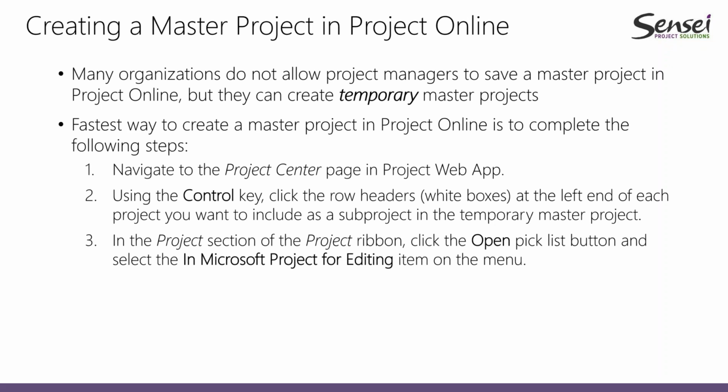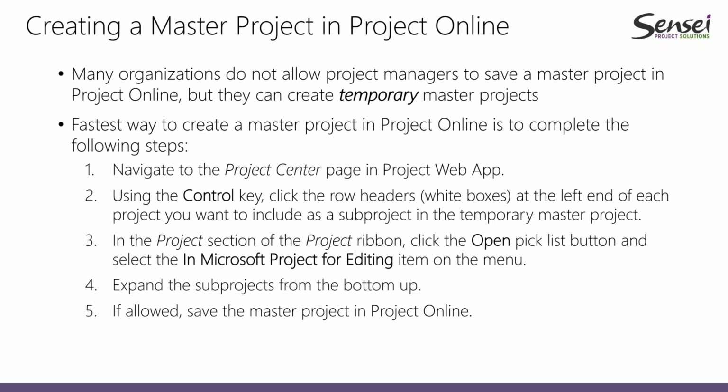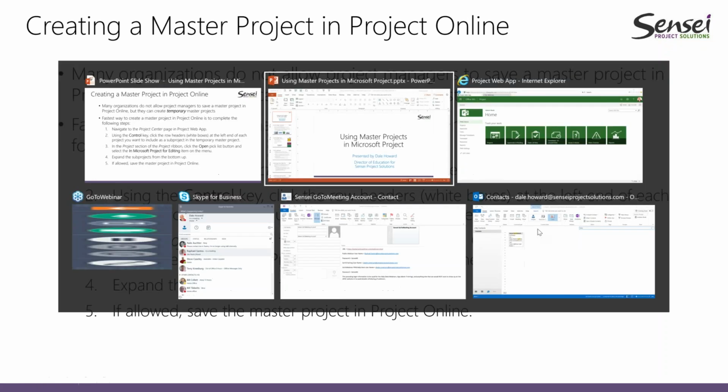Then you'll click the Open Pick List button and you'll choose In Microsoft Project for editing. From there, you'll expand the sub-projects starting at the bottom and working your way to the top. And then if you are allowed, you can save the master project in Project Online.